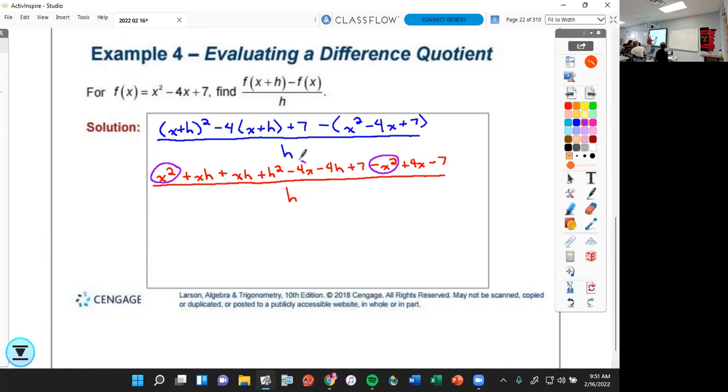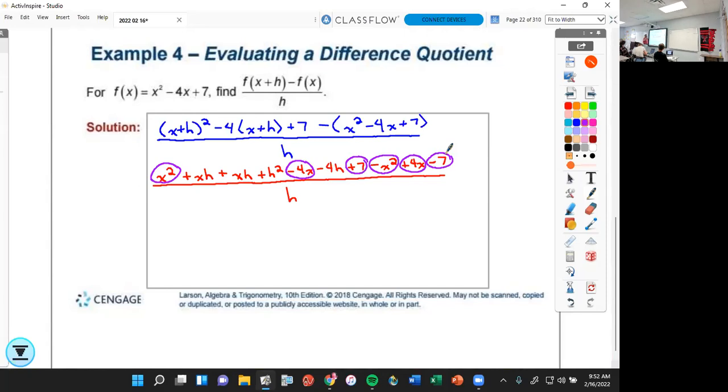I've got a minus 4x and a plus 4x. Gone. Plus 7, minus 7. Okay, look at what's left. What do all the terms that are left have in common? That's what's going to happen here.